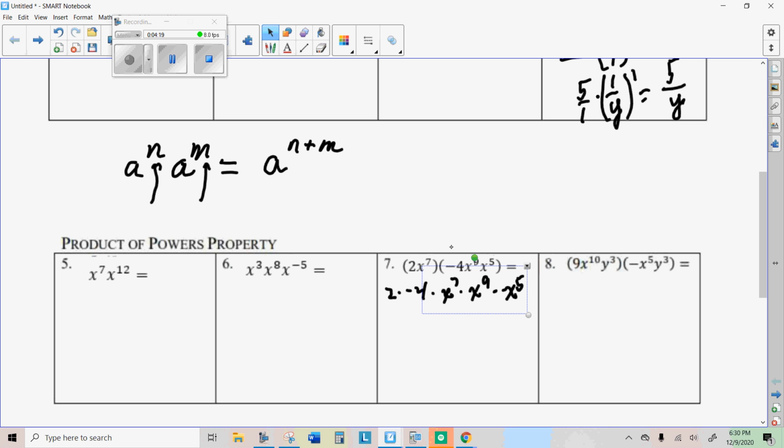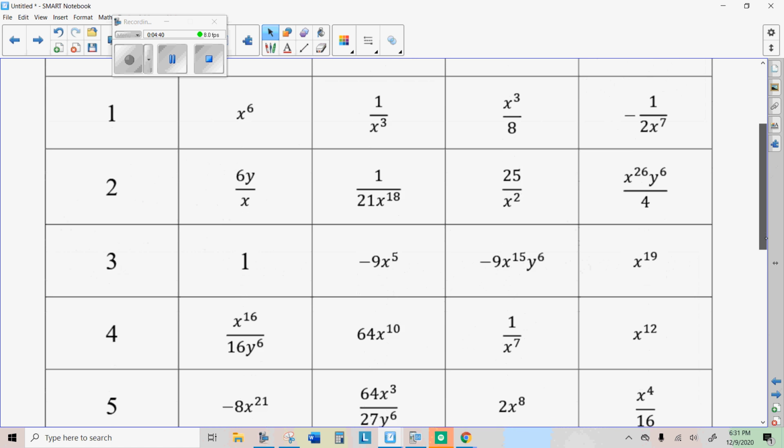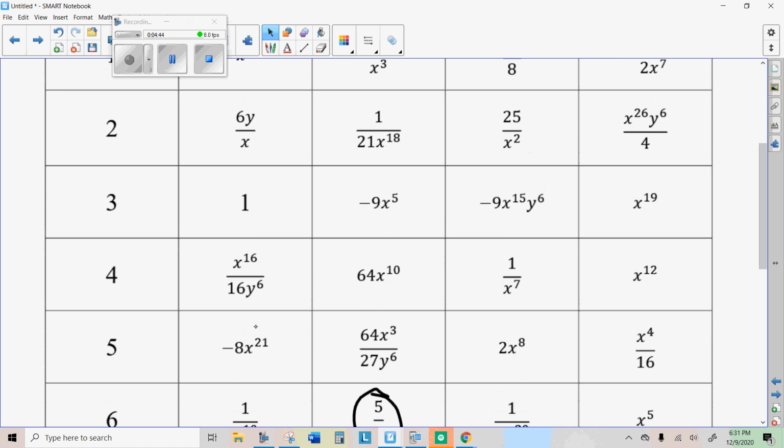Okay. Now this property is saying just add up the exponents if the base is the same. So I got a 7 and a 9 and a 5 that I need to add up. That's 21 factors of x. And then I just have 2 times negative 4, which is negative 8.